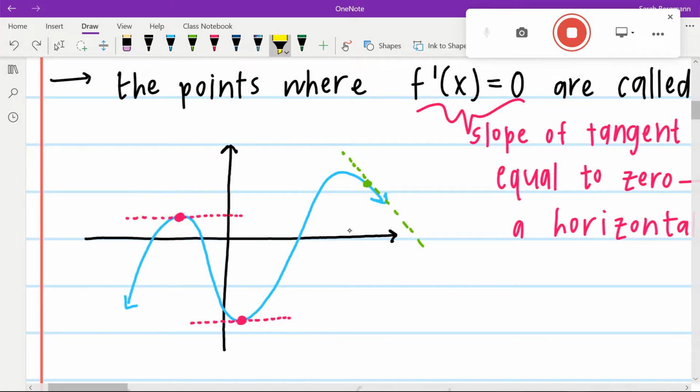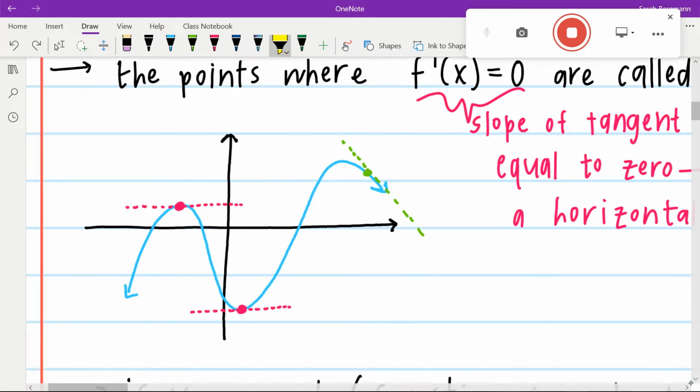However, if we look at just some random point over here, like this green point, the tangent line is not a horizontal line. And this green point is not a relative maximum or minimum compared to the points around it. So notice when it is a relative max or min, the tangent line is horizontal, which means the derivative is 0 at this point.